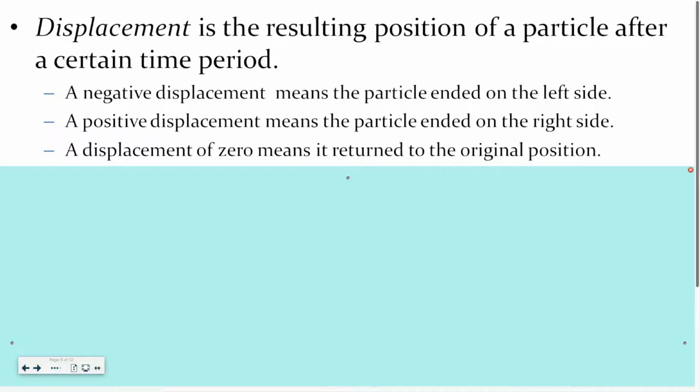Does anybody have an idea of how we would find that? Ooh, final minus initial. Okay. Final position minus initial position. Which could also be described as the integral of the velocity from A to B. Right?